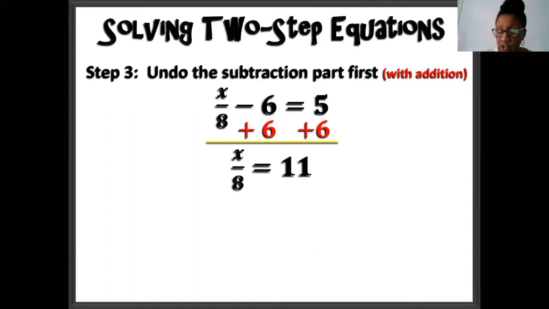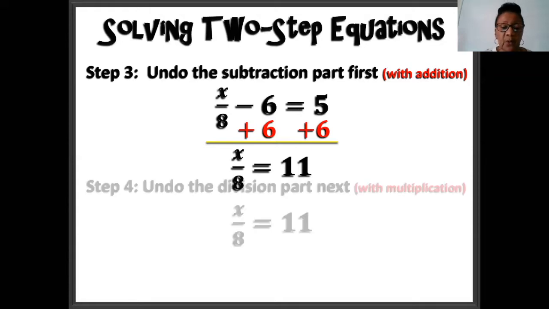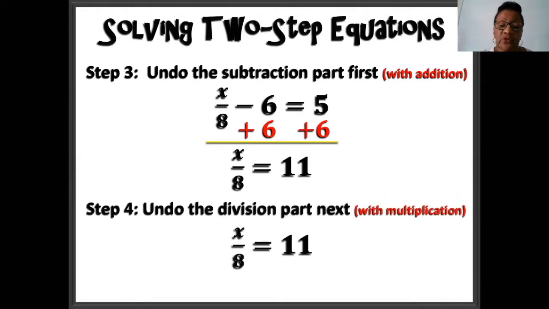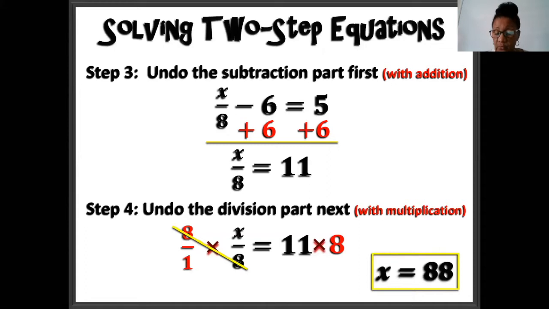Are we finished? No. Our next step then, we will undo the division part by using multiplication. And what do we multiply by? We multiply both sides by 8. The 8 cancels out from x, and we're left with x is equal to 88.